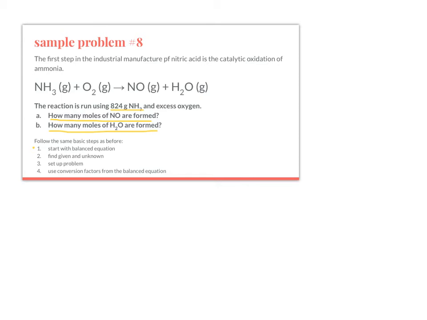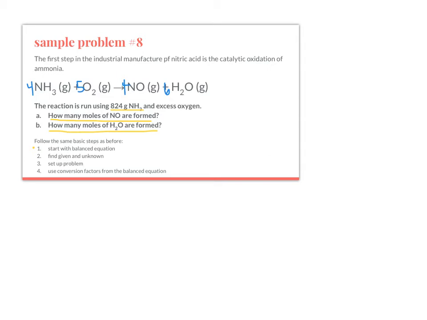This one is a bit trickier to balance. While you were trying to balance it, you probably had to put some things down and then erase and keep going. But it should have ended up being 4 moles of NH3, 5 moles of O2 yields 4 moles of NO, and 6 moles of water.